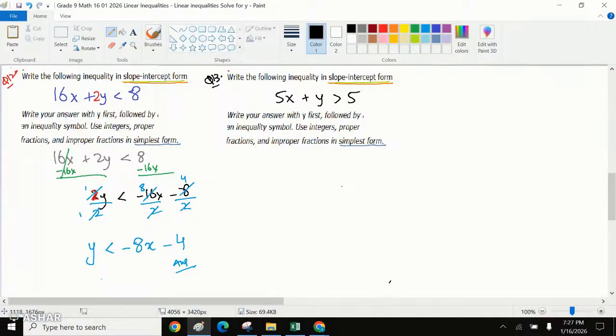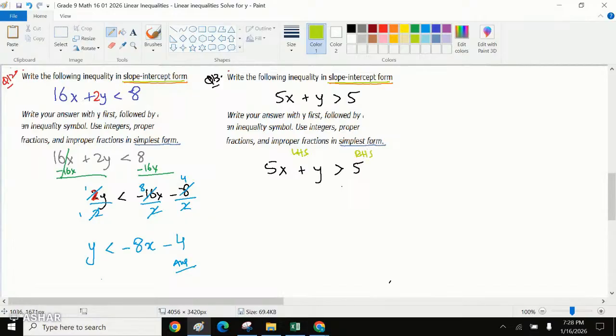Okay. So what should happen over here? This would be simply 5x plus y greater than 5. We know that this is the left hand side, this is the right hand side.